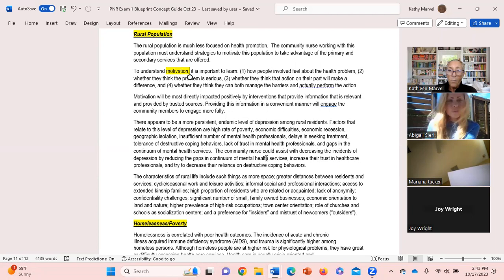What are the factors for the rural population with regard to depression? Maybe living in poverty, economic difficulties, isolation of where you live, insufficient number of healthcare workers or even specific healthcare workers. We know that the level of mental health illnesses is high in the rural population, substance abuse high. What if you don't have the resources to deal with that?